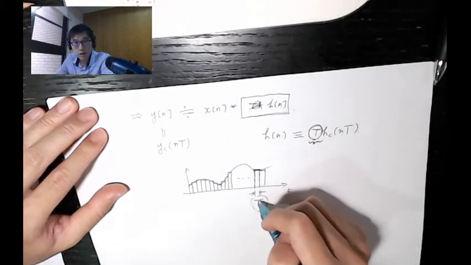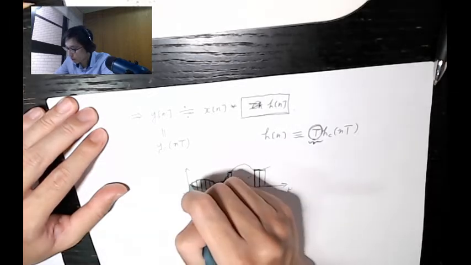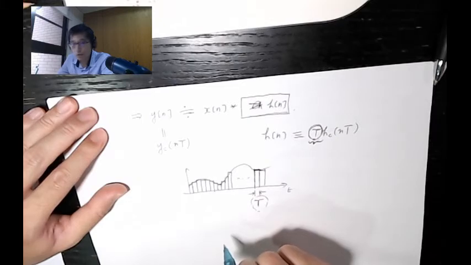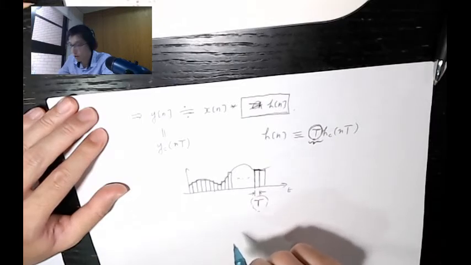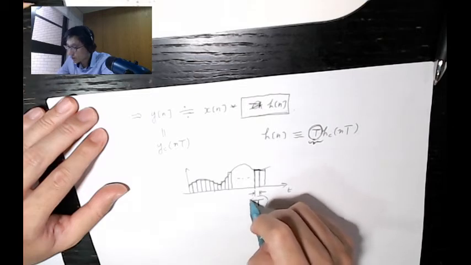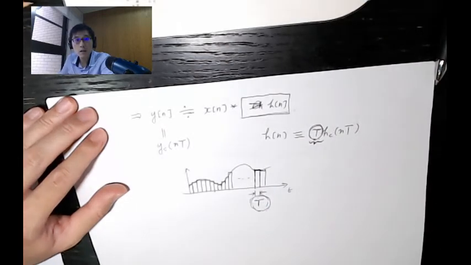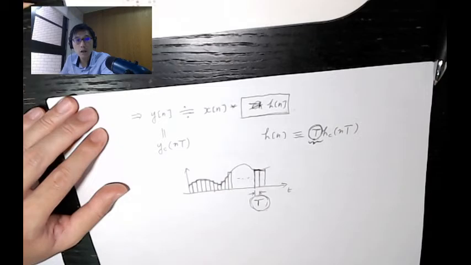When we calculate the area under the curve approximately, please remember it's not merely a summation. It is a summation, but you need to scale the summation by that factor of T. That's where this factor comes from.